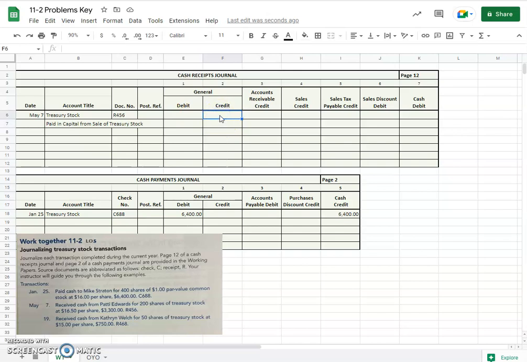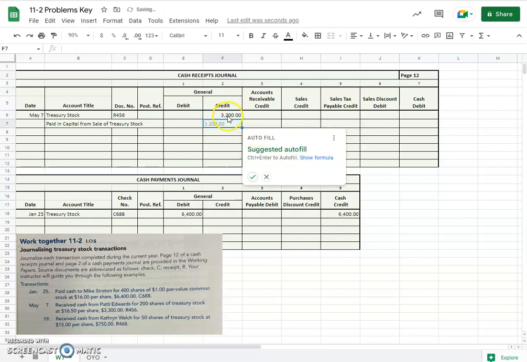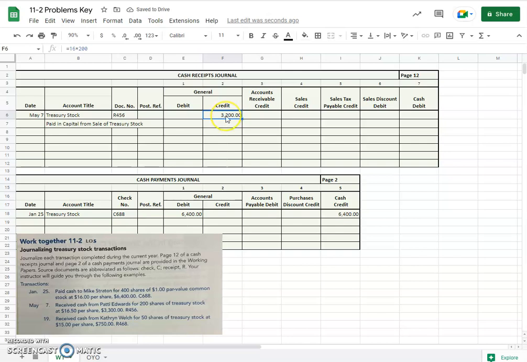So equals 16 dollars times the 200 shares would give us a treasury stock credit. And then the rest, we know that she gave us $3,300. That's what the problem tells us. The difference between those two will be the paid in capital in excess, right? So we'll just subtract $100.